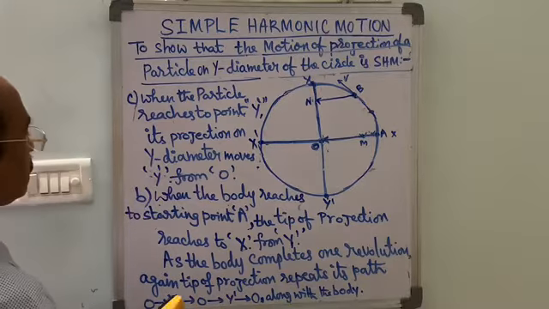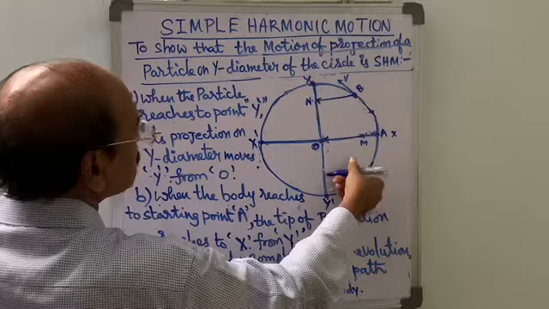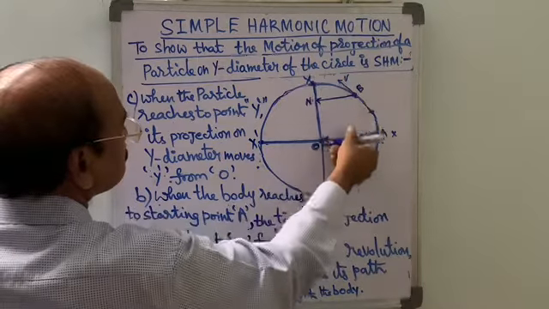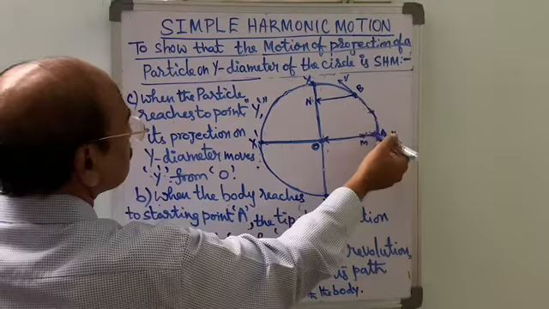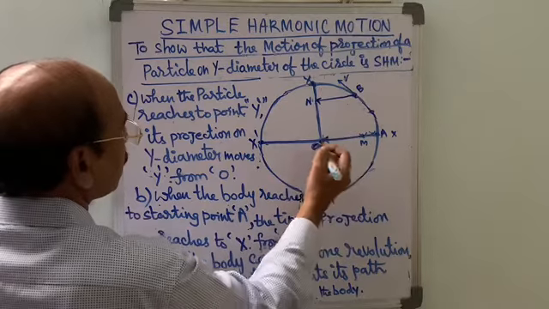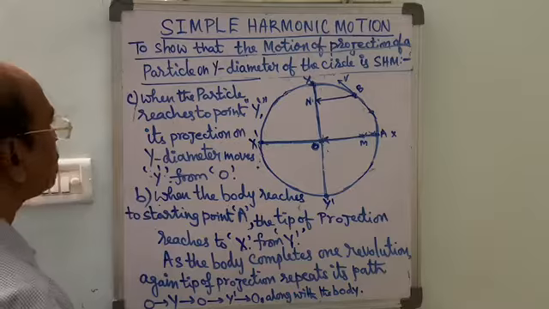Therefore, we can say the projection of the tip of the projection that moves on the vertical diameter about the mean point O is simple harmonic.